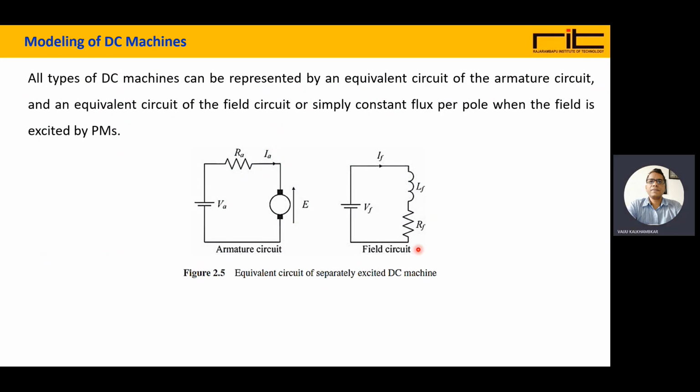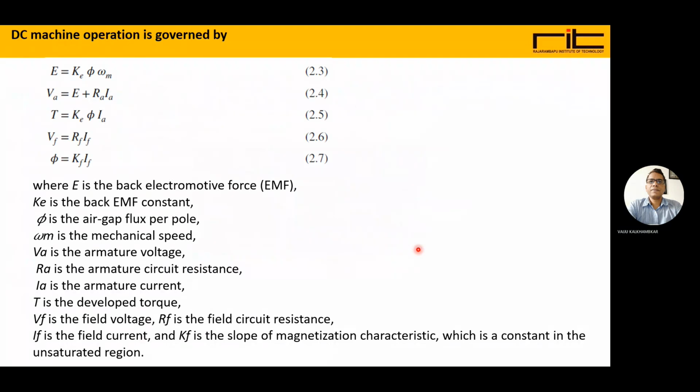Also, the DC machine operation is governed by equations. Here you can see the back EMF, E equals flux into omega m, that is the speed. Then the armature voltage, Va, is the EMF E plus the armature drop.